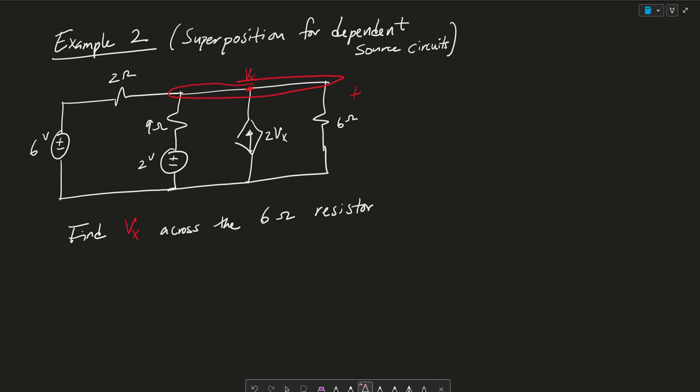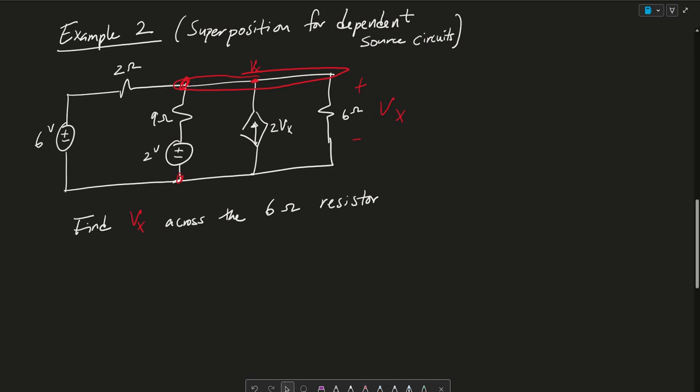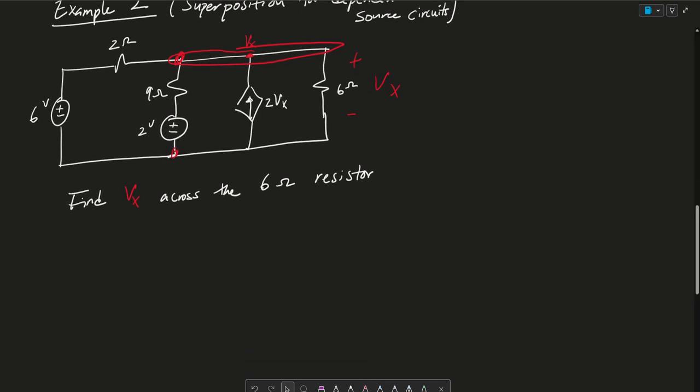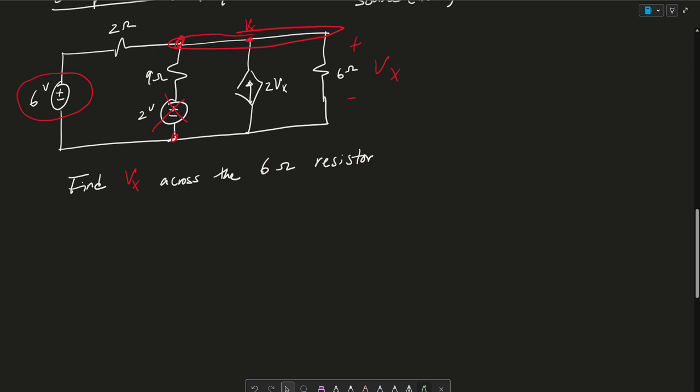So Vx is the voltage across here, and the total voltage from here to here is also Vx because they're in parallel. So let's first start by shorting this voltage source and finding Vx from the other source. So let's go ahead and draw that circuit.